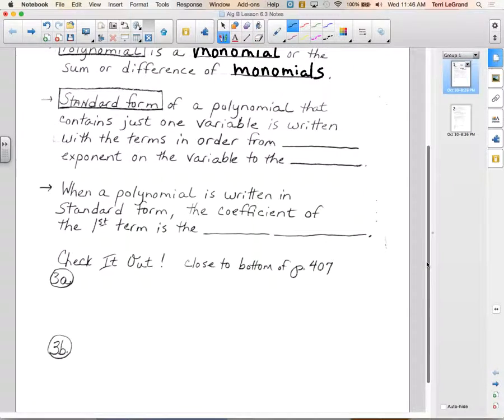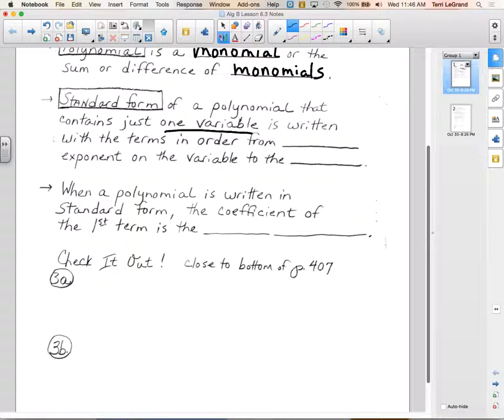Okay, standard form. This is another term that we need to know. What do they mean when they ask you to write a polynomial in standard form? A standard form of a polynomial contains just one variable. We're only talking about expressions that have one variable involved in them.